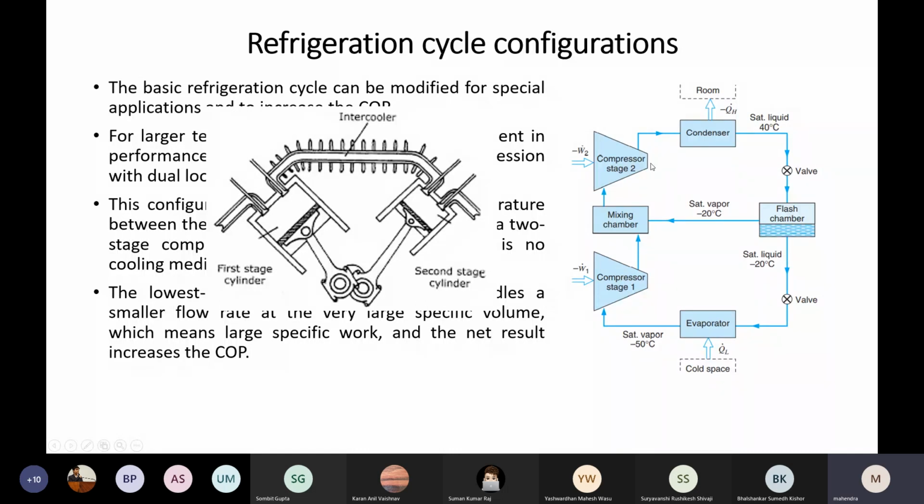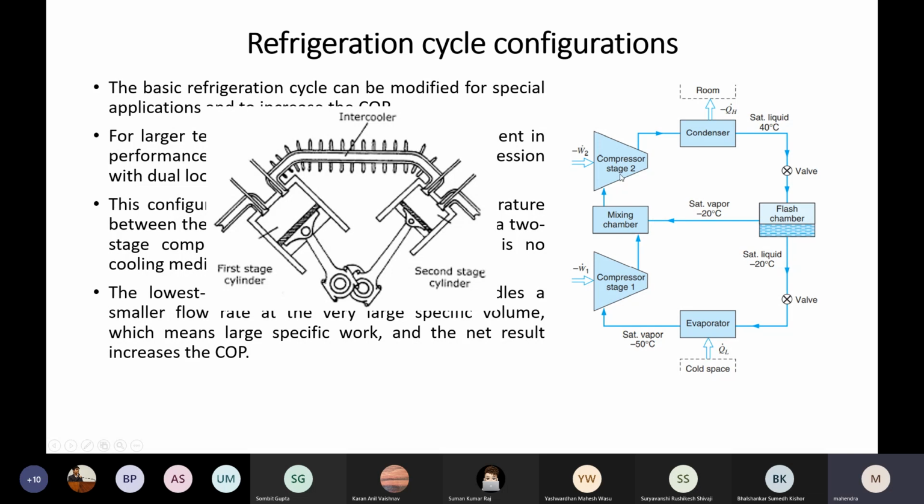The temperature gradient between this and this is very high. So if you connect compressor 1 and compressor 2 with this kind of intercooler, it may not function properly. The small residence time passing from this compressor to this compressor is not sufficient to cool the mixture.